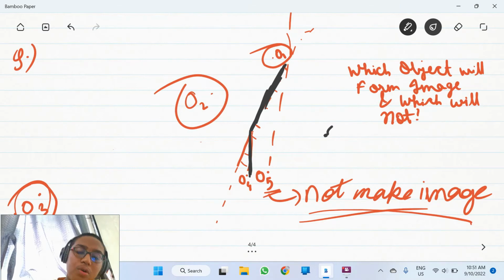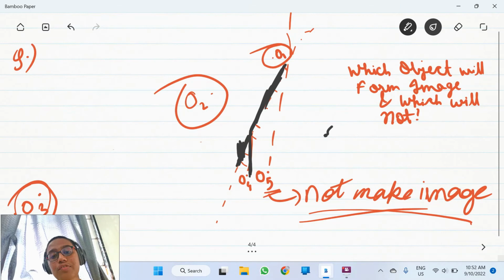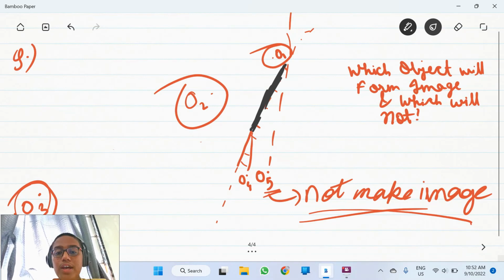But now we see that this part is also present, the downward part which I am coloring now. Because of this part, the image will not be formed because light will not ever reach this mirror. But the key thing is, if only the blackened part was present, the image would have been formed. So this was the crux of this question.